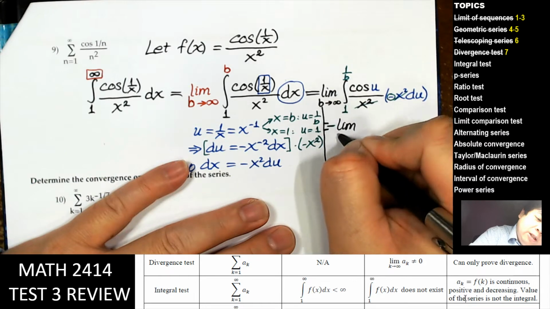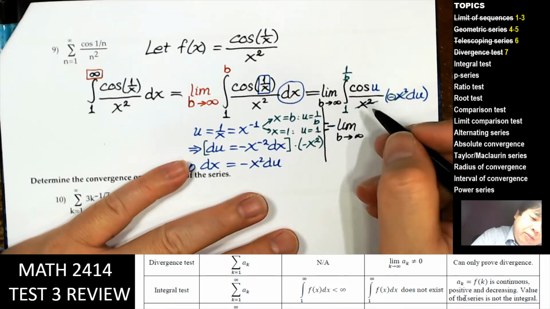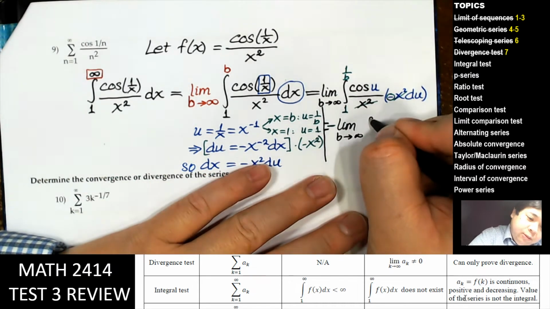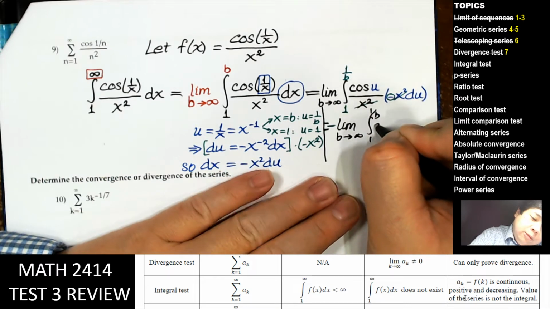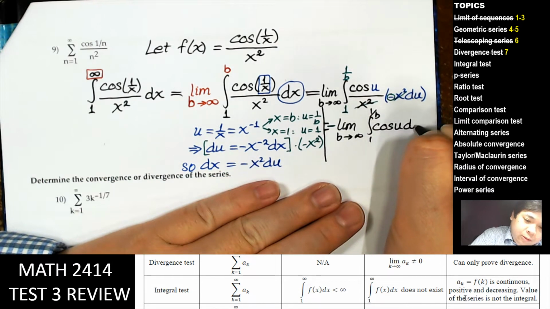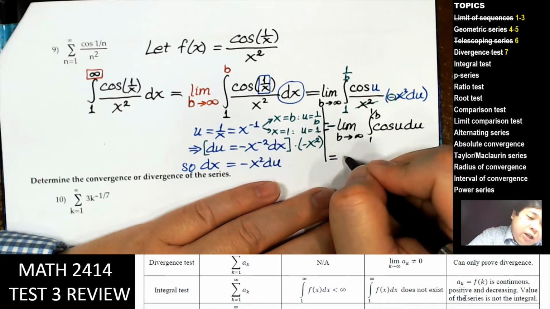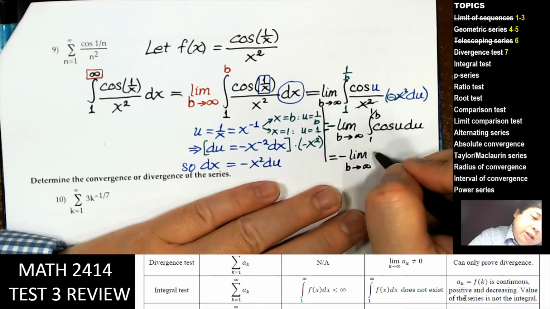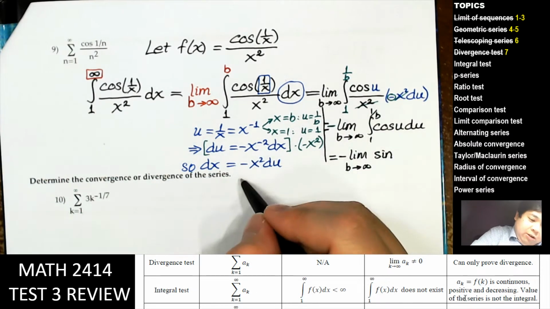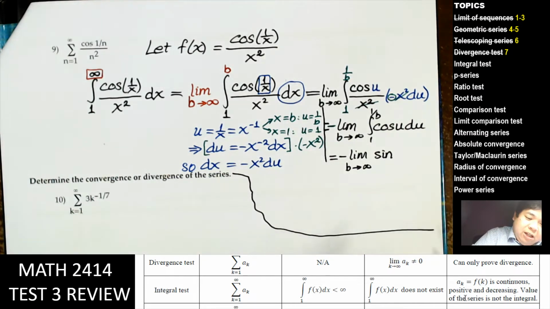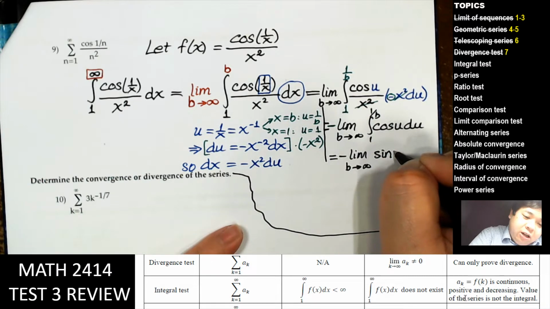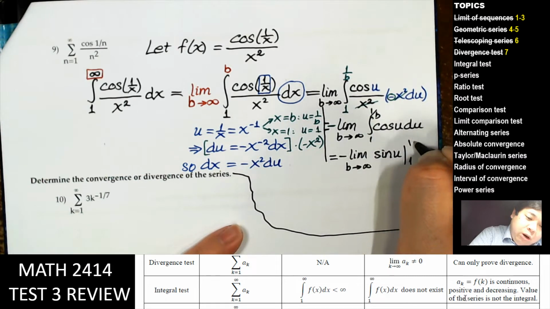So we have the limit as b goes to infinity, we just have cosine of u. The integral of cosine is sine. So we have negative limit as b goes to infinity of sine of u, going from 1 to 1 over b.